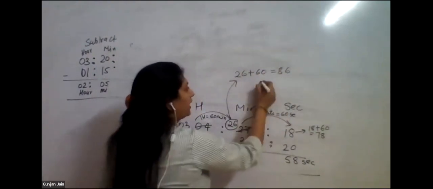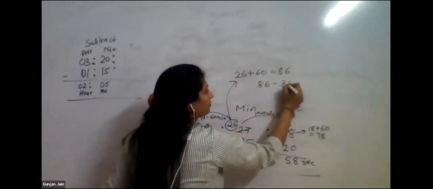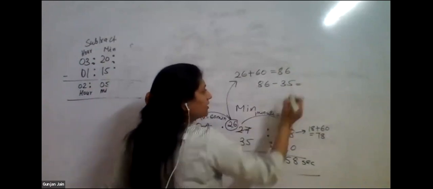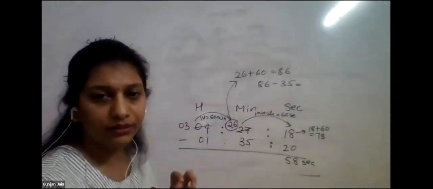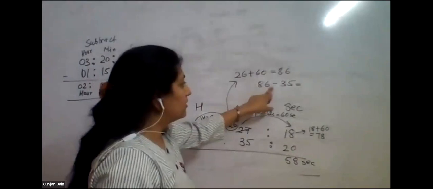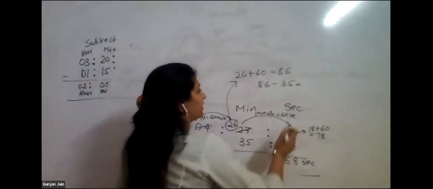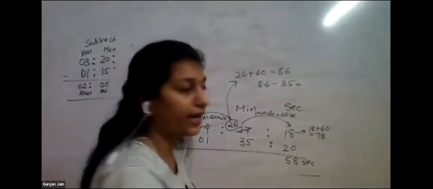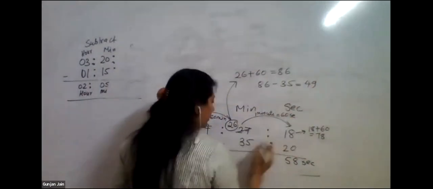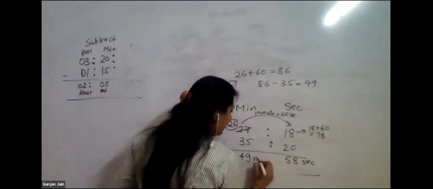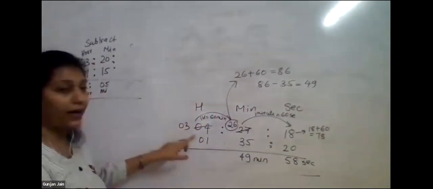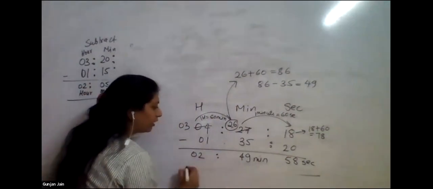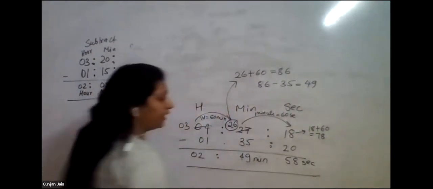Now 86 minus 35 is how much? 6 minus 5 is 1, 8 minus 3 is 5. So it will be 51 minutes. Now 3 minus 1, no problem, that is equal to 2. So 2 hours, 49 minutes and 58 seconds.